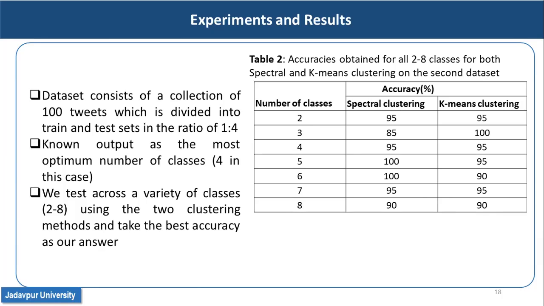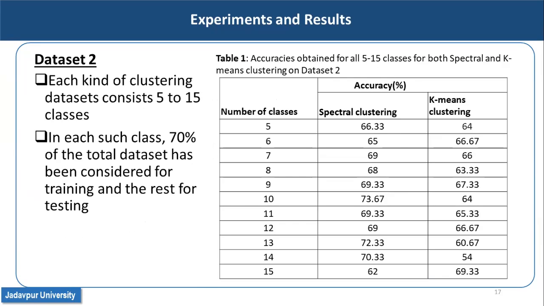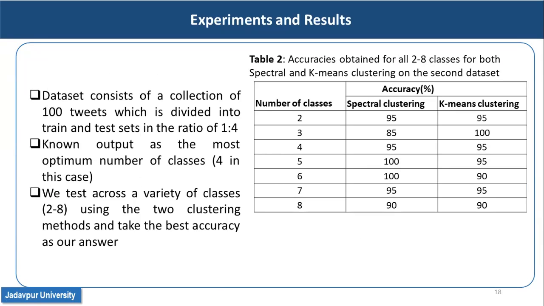Here there are a lower number of tweets than the previous one, and there is a higher accuracy percentage for different kinds of clustering methods. For example, number of classes 5 is 100 in spectral clustering, and number of classes 3, so both are giving very good accuracy in general.